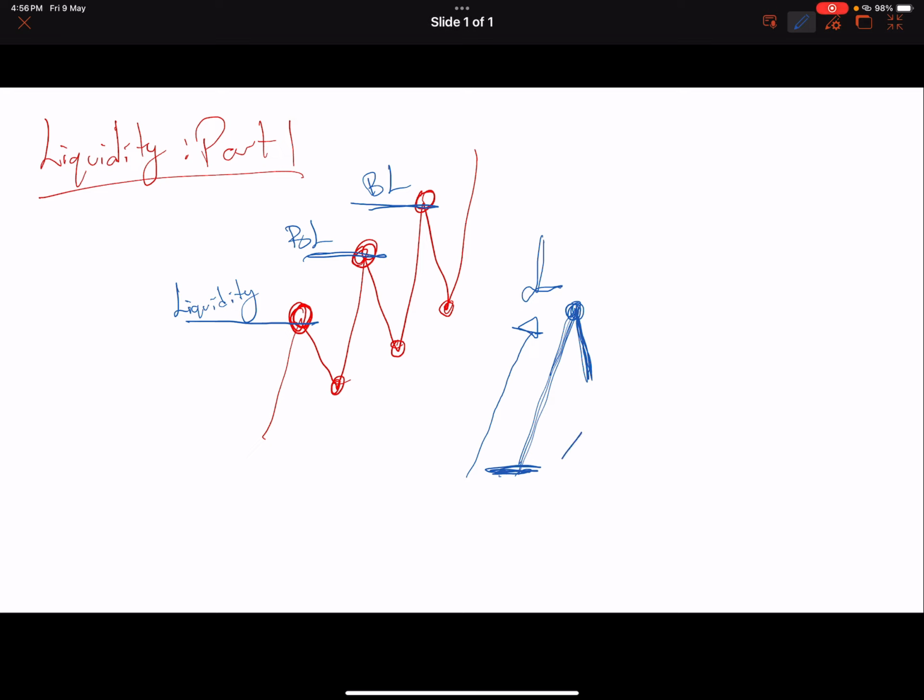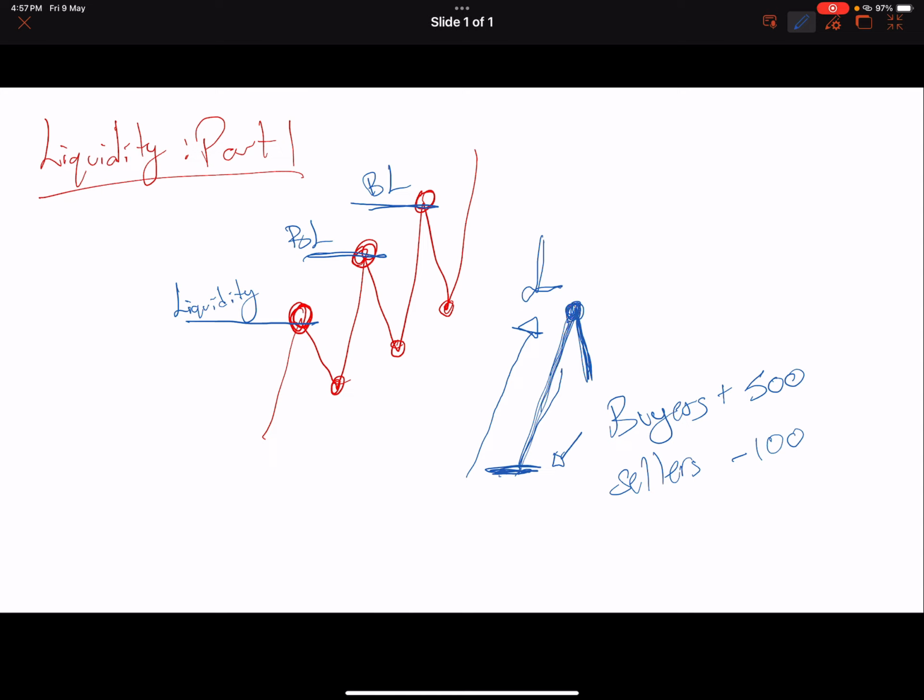How do they take the prices higher? At this location here, there's a huge amount of buyers. Let's say there are 500 buyers with 500 trades, and the sellers are 100. Let's do it as negative 100, and this is positive. So the buyers are overtaking the sellers and sending the prices up higher.